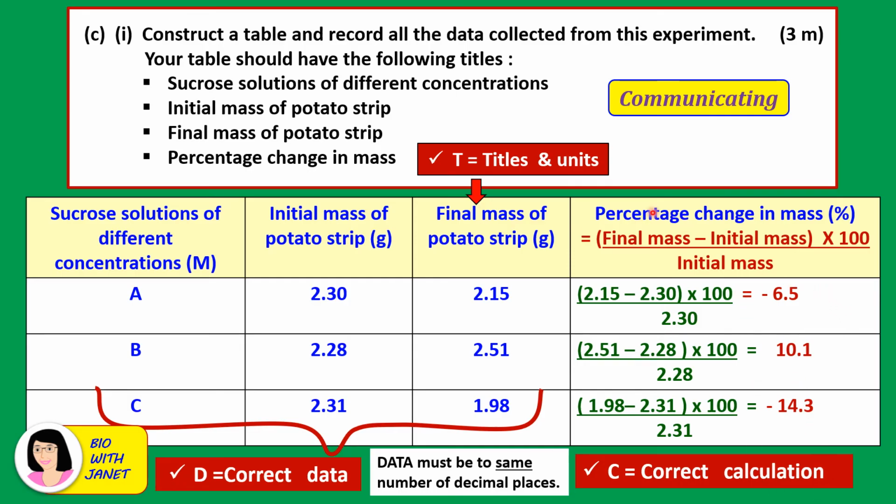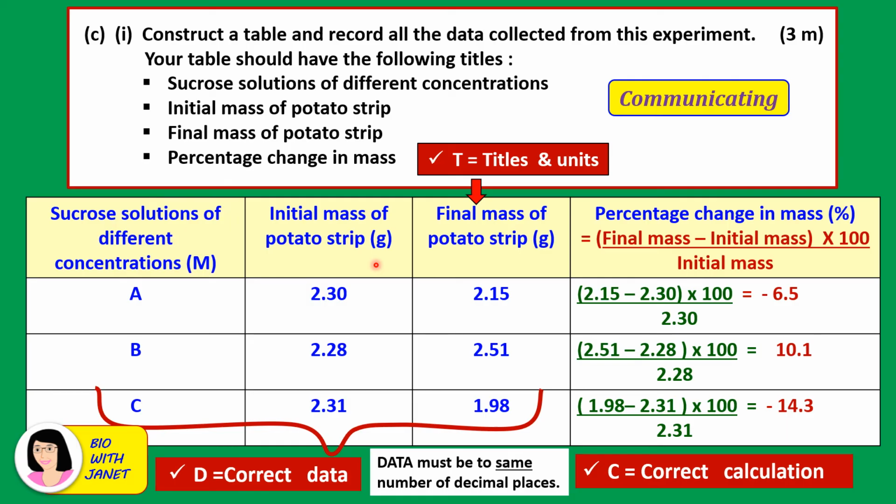So how is this table marked? First, if you have all the titles and the units complete, you will get 1 mark. So make sure that the units are written in. If you didn't write the units for 1 column, for 1 title, then you will lose 1 mark.